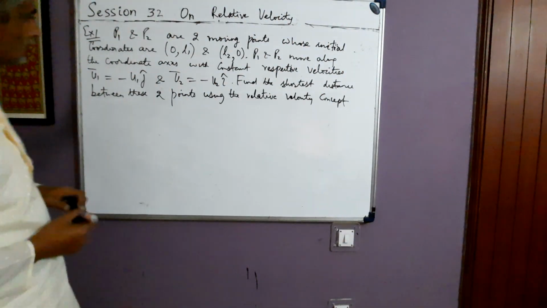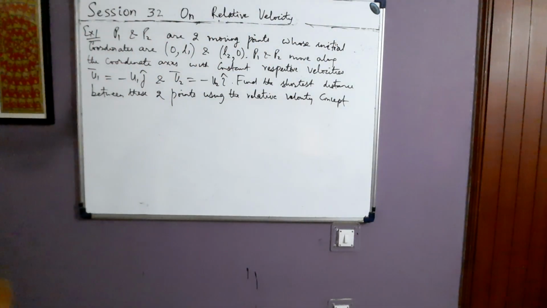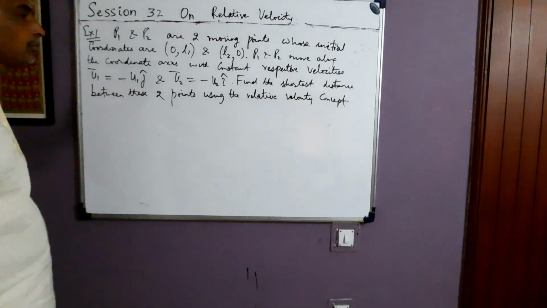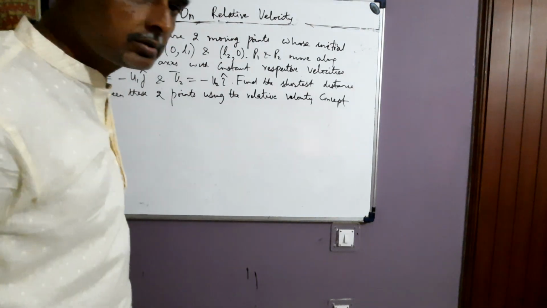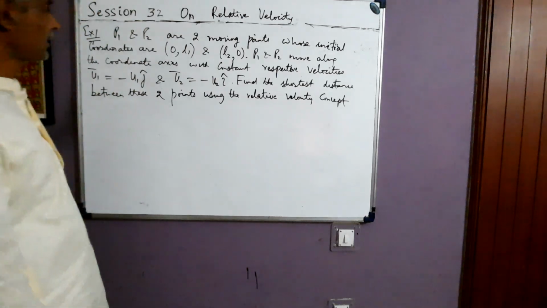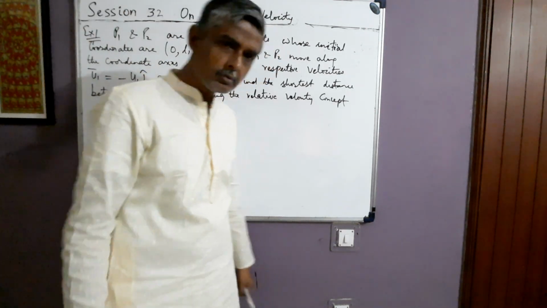So this is the problem. I've written it here. All the details have been fully given. i hat, j hat are the usual unit vectors along x and y axis respectively.